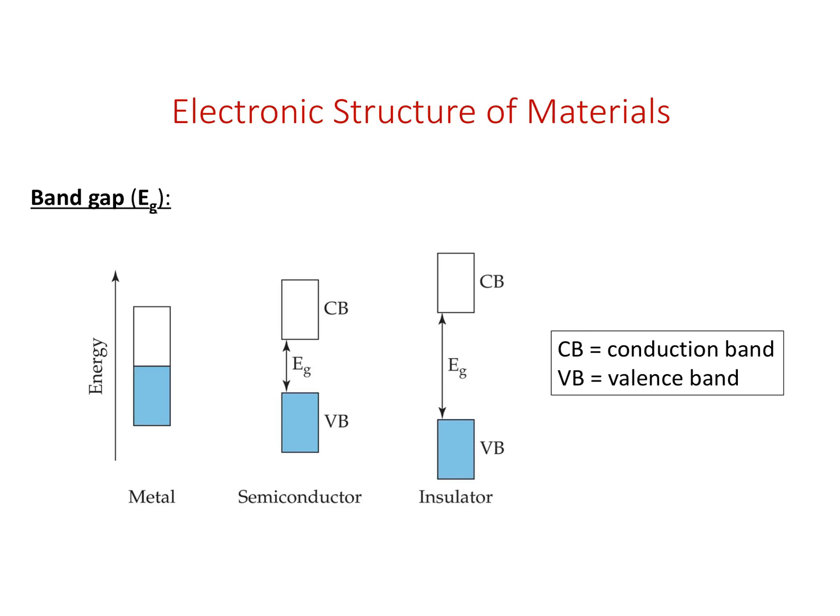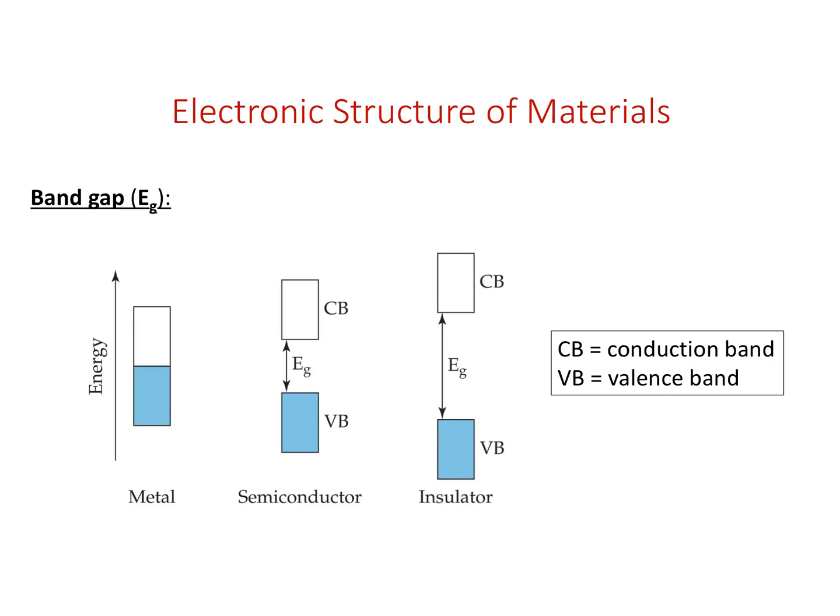And so to get a better understanding of the properties of these materials, we need to look at the band gap of that material. And the band gap is essentially the energy difference between the valence band, where electrons are, and the conduction band, where electrons are free to move.